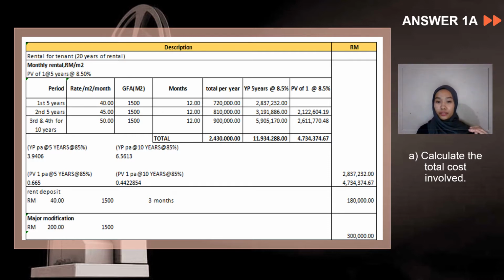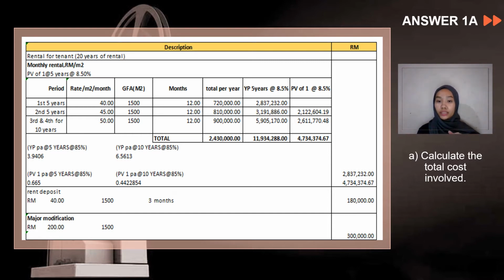For the first 5 years, we don't have to multiply with the present value of 1, but for the following years, we have to, which in total is 2 million. For the third and fourth 5 years, since they have the same rental rate, which is 50 ringgit, we just combine them together.